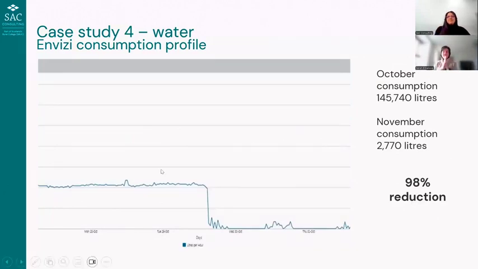So this was another clothes shop where they only had 1 toilet and 1 sink in their unit and nothing else that would ever be consuming water or should be ever consuming water.